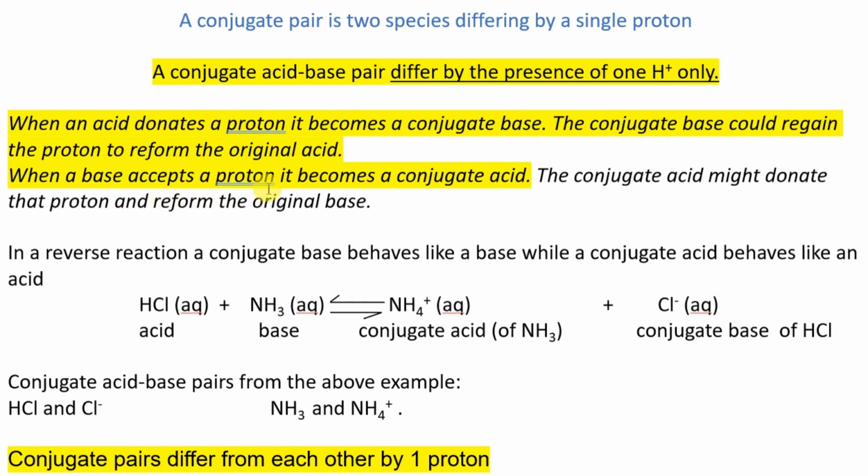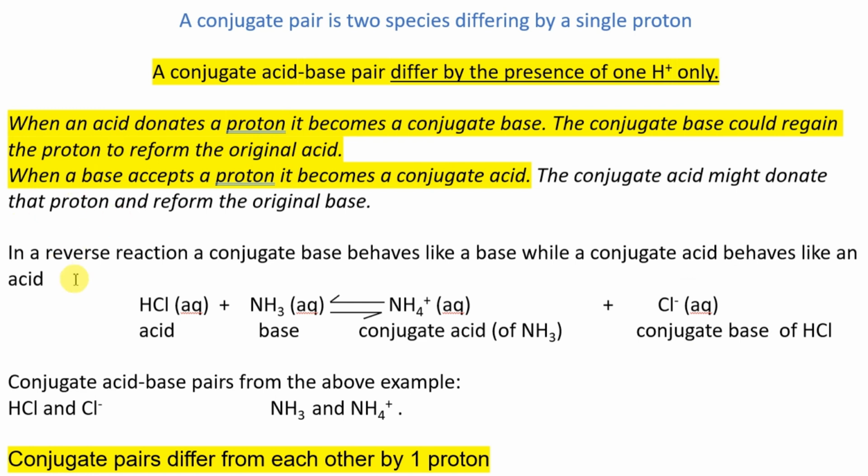When a base accepts a proton, it becomes a conjugate acid. The conjugate acid it forms might donate that proton and reform the original base. In a reverse reaction, a conjugate base behaves like a base while a conjugate acid behaves like an acid.